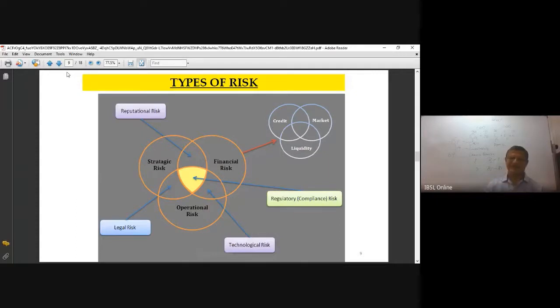Apart from that, I have also identified a few other risks. We call one reputational risk. If our customers are not happy with your performance or your service, or you are involved in certain fraudulent activities, your reputation suffers through customer unpleasantness and you will lose business.